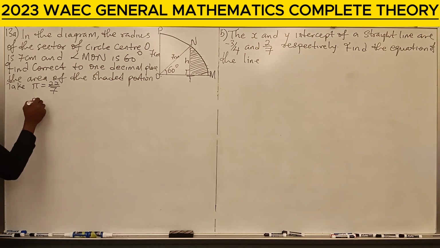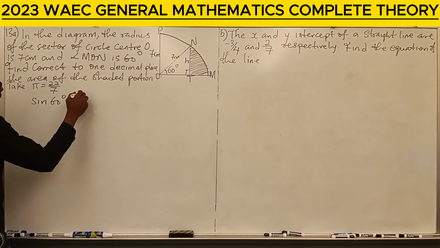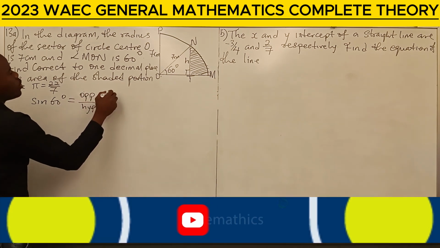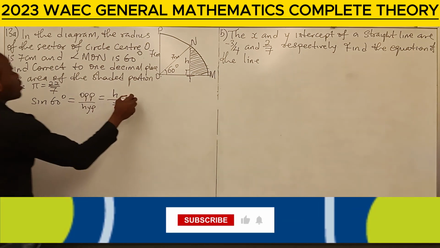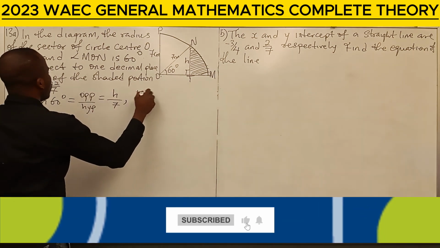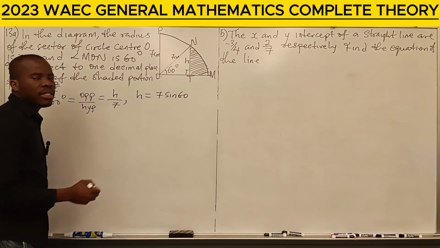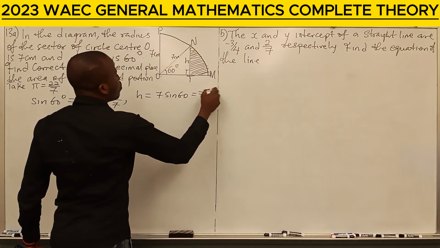So sine 60 degrees is opposite over hypotenuse, which is h over 7, so that h will be 7 sine 60, and sine 60 is root 3 over 2, which will be 7 root 3 over 2.